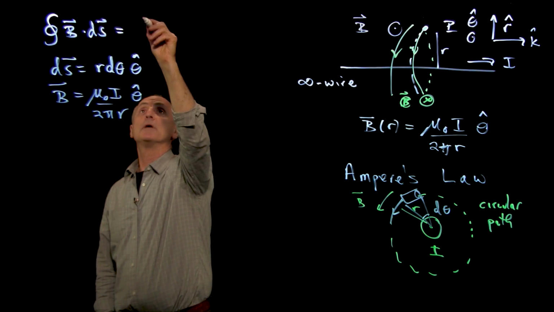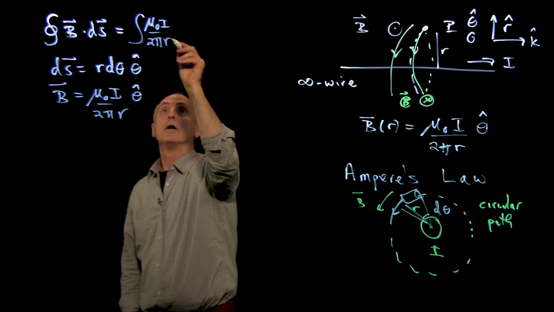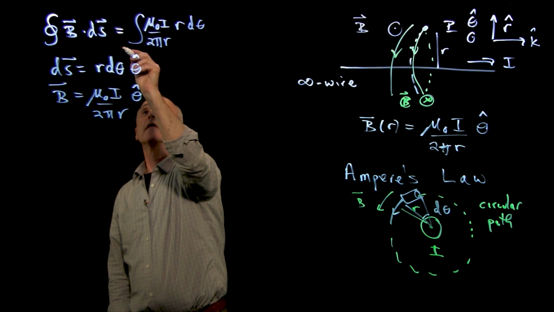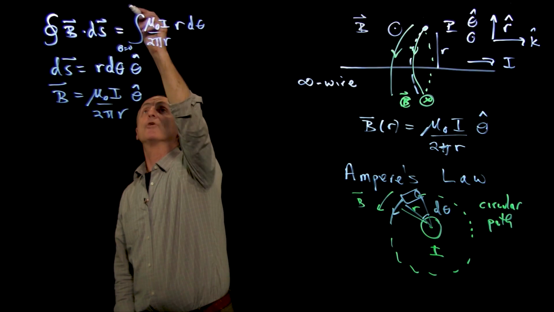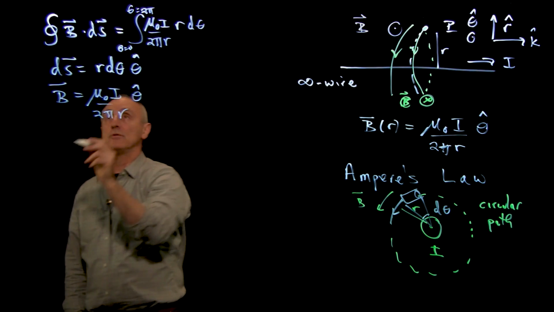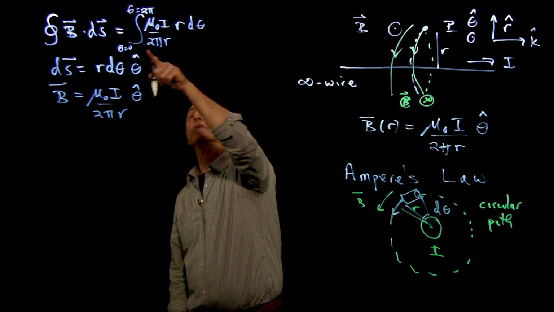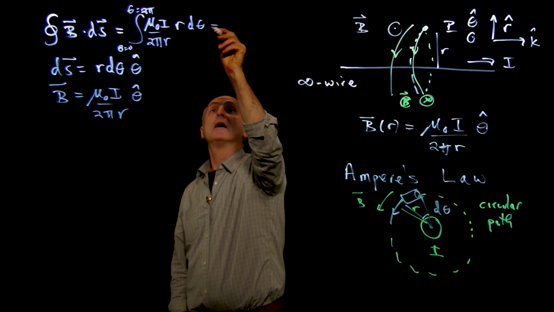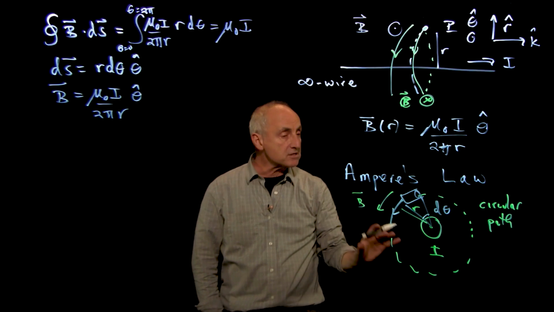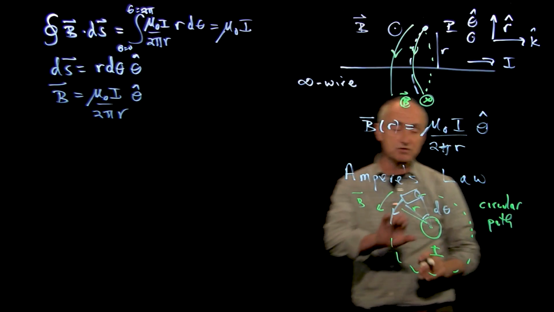So our integral becomes mu naught I over 2 pi r times r d theta going around the closed path, theta from 0 to 2 pi. You can see the r's cancel, and what we get out of here is mu naught I over 2 pi, and when you integrate d theta from 0 to 2 pi, you get another 2 pi, and so we just get mu naught I.